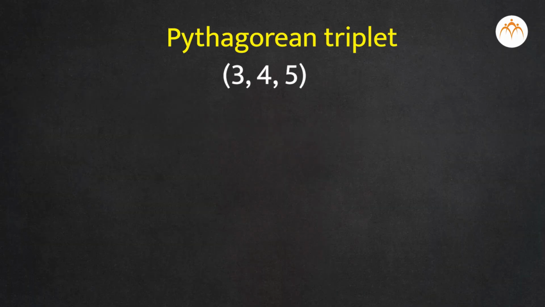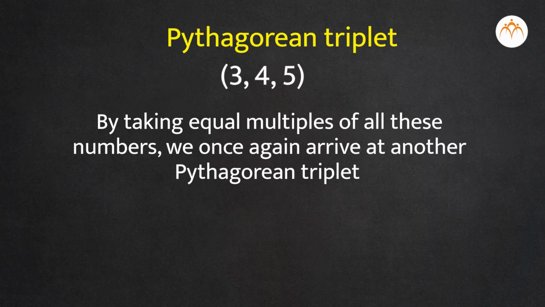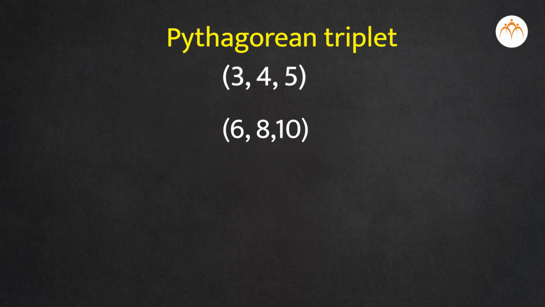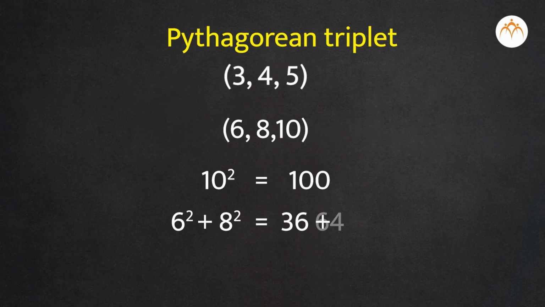We have studied that 3, 4, 5 is a Pythagorean triplet. By taking equal multiples of all these numbers, we once again arrive at another Pythagorean triplet. Let's see the example. The triplet 6, 8, 10, obtained by doubling each of the numbers in the 3, 4, 5 triplet, is also a Pythagorean triplet. Let's see the justification. 10 square is equal to 100 and 6 square plus 8 square is equal to 36 plus 64, is equal to 100.